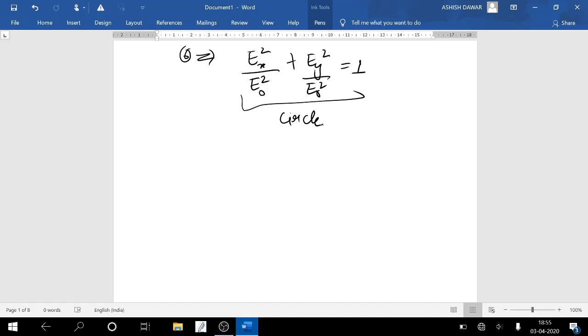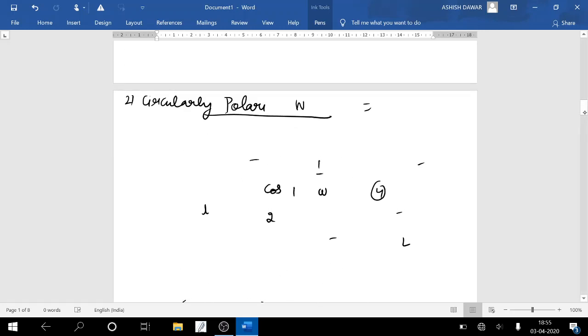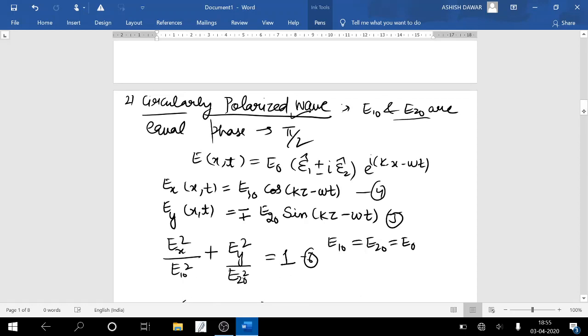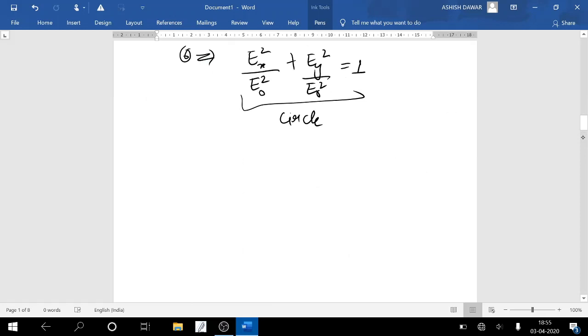Okay, so such a wave is said to be circularly polarized. You can see that here we have two signs, a plus and a minus. The upper sign, the plus sign, gives a counterclockwise direction, and the negative sign gives the clockwise direction of the wave.